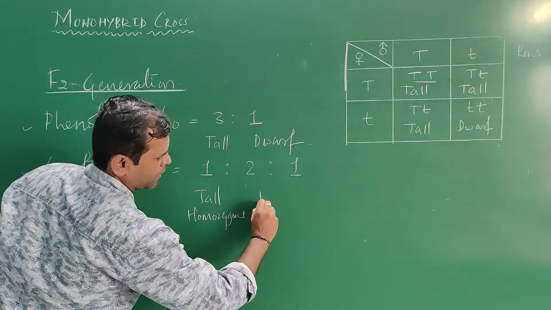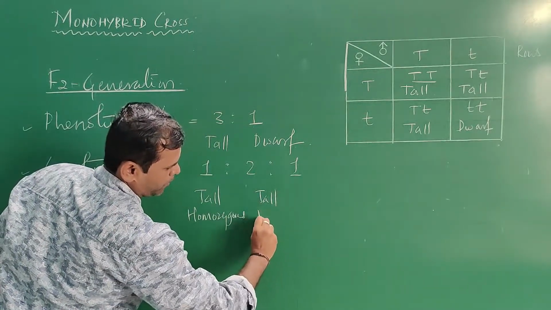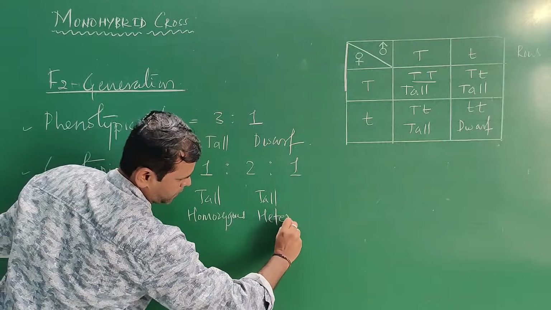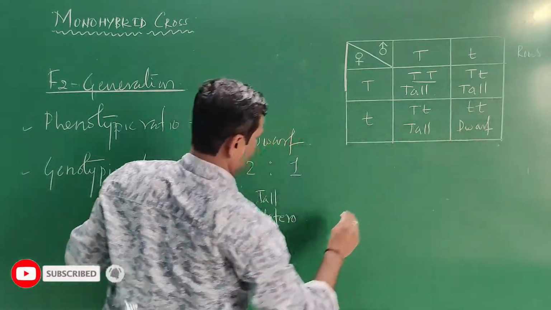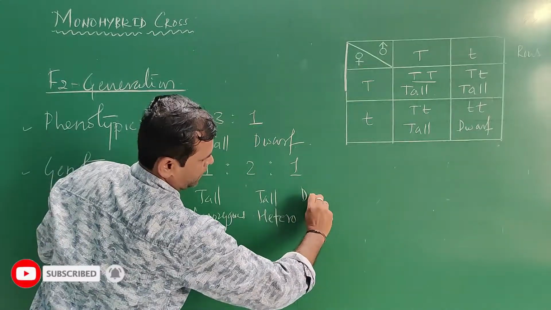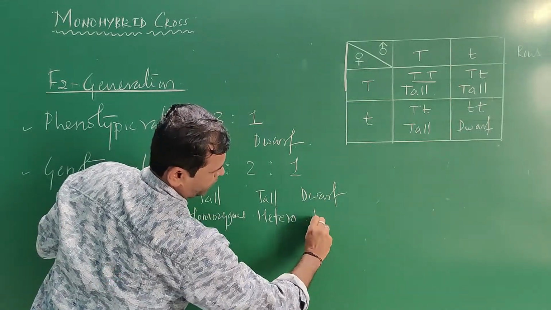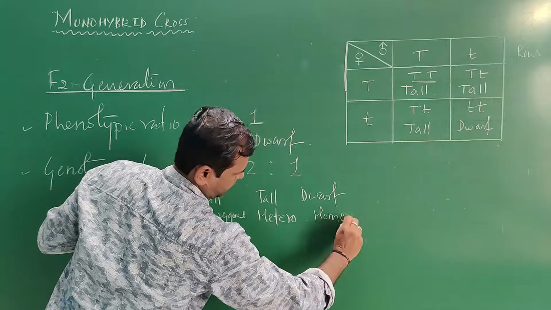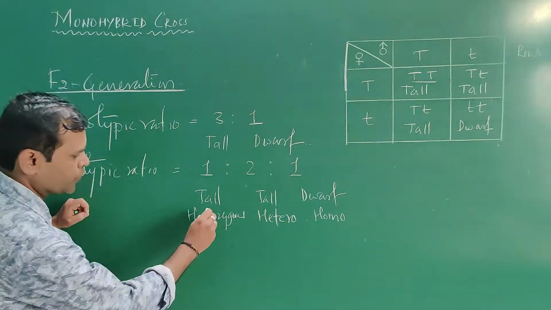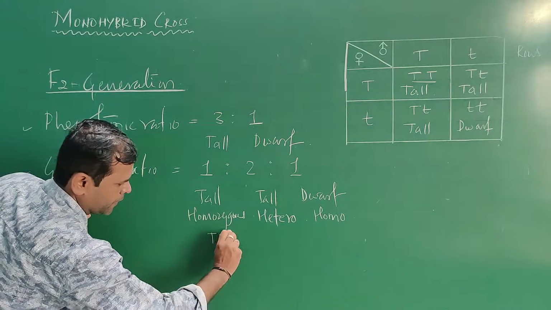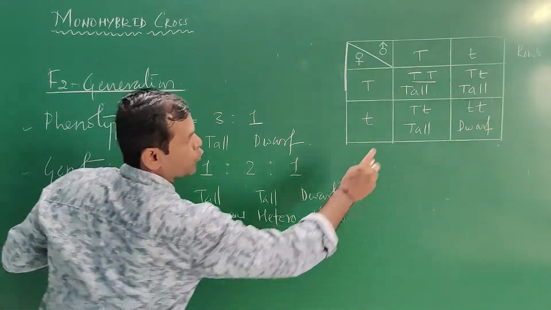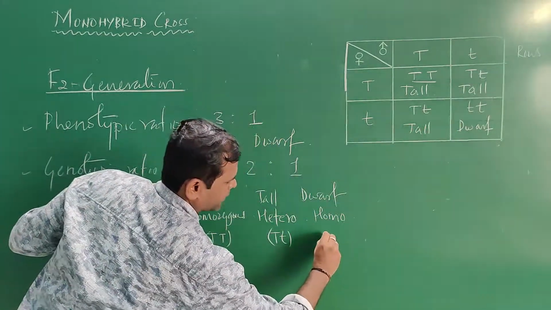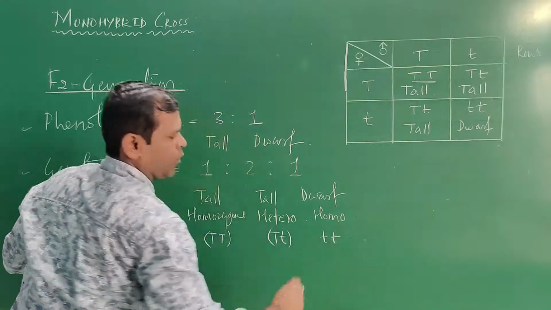So 2 are tall but heterozygous, and this one is dwarf but homozygous. So tall homozygous is capital T, capital T, that is one plant, capital T, small t, that are two plants, and this one is small t, small t.